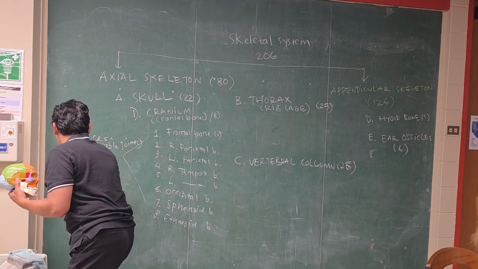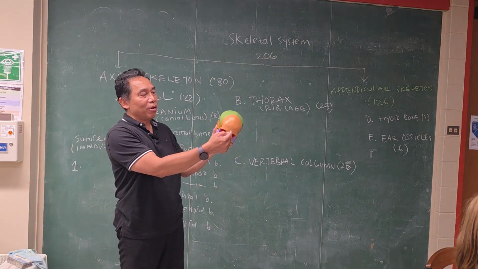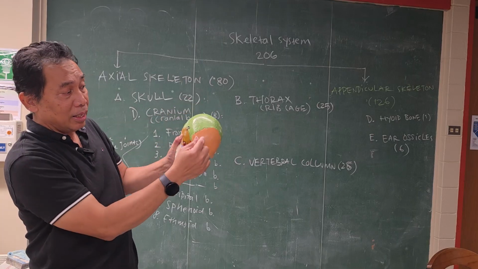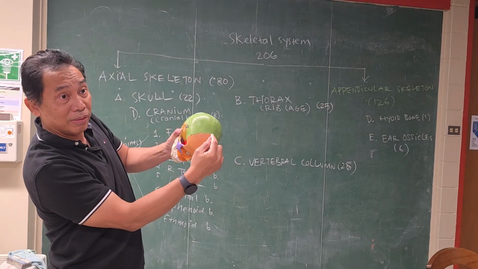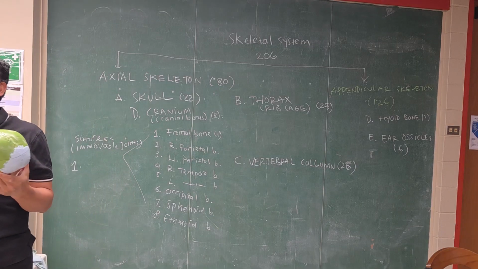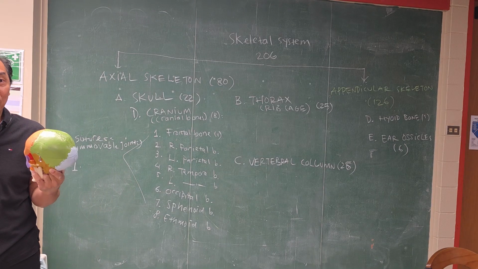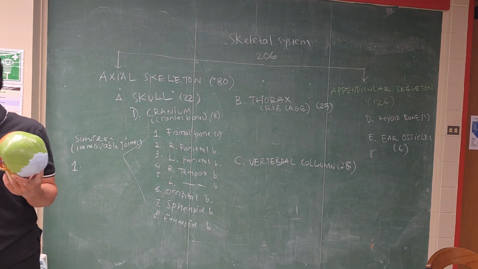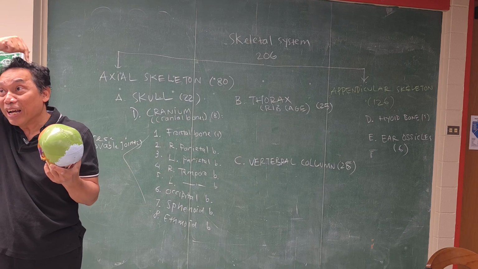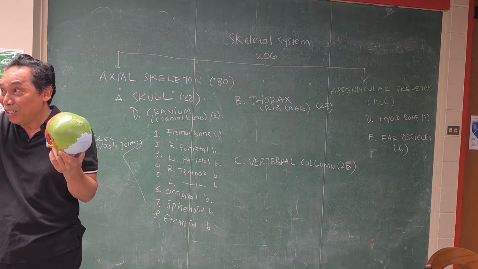The first one is between the frontal and 2 parietal bones. You have this suture, and this looks like a crown. Like a crown, you are the queen.